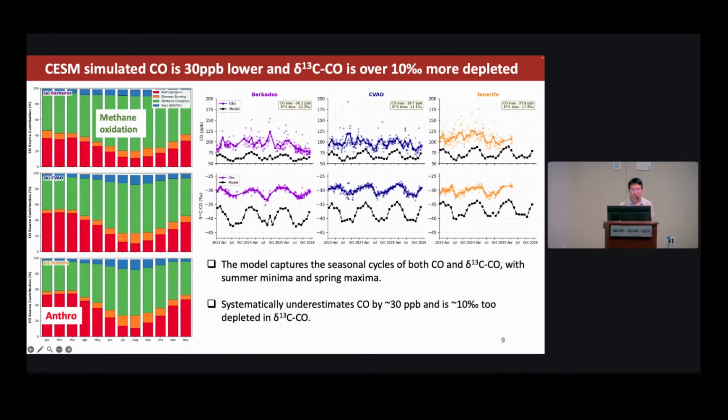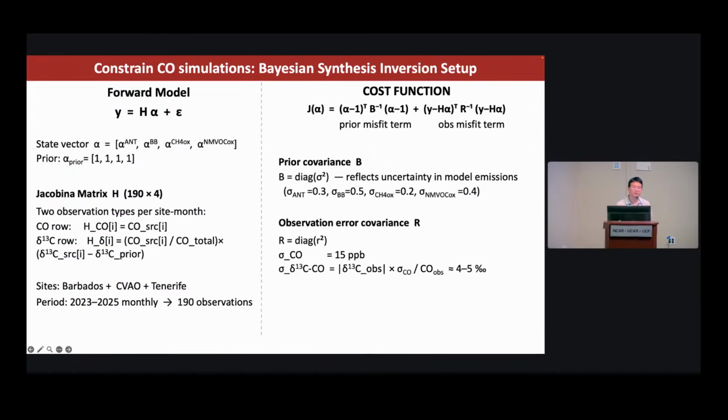And for the CO isotopes, we can find the simulated CO isotope is also more than 10 per mil depleted in the model. So in order to match both signals, CO concentration and also isotopes, we build a simple inverse model, to inform us which sources we need to scale up and which sources we need to scale down.